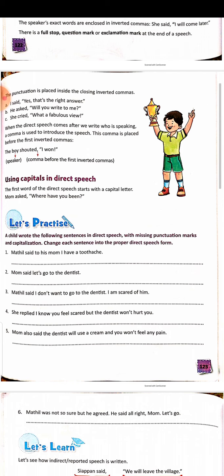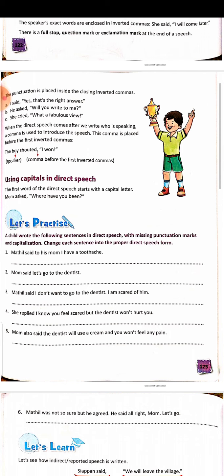So the child has written it, but he has forgotten to give the punctuation marks, and where he has to start with the capital letter, he also forgot that. So how will we start? Mathil said to mom, comma, inverted comma start, "I have a toothache." Full stop, then inverted comma close.